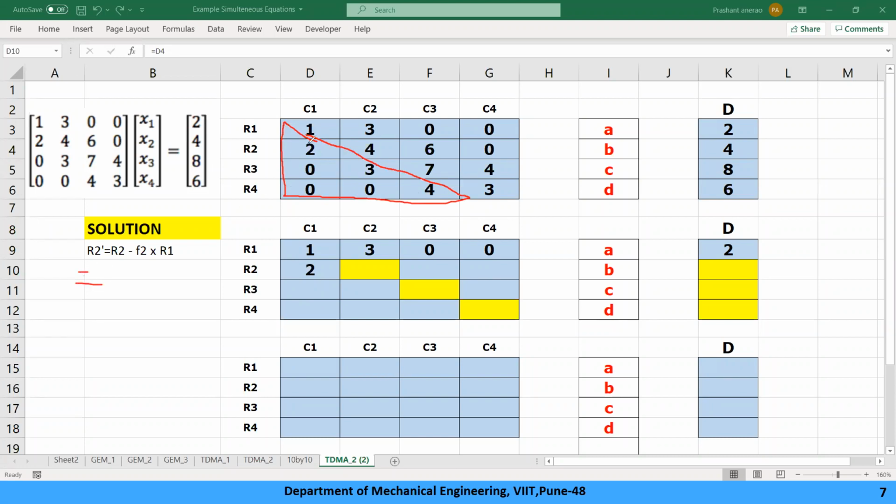So for row number 2, to convert it to upper triangular matrix, which is our target, किसको 0 बनाना है? देखो कौन सा एलिमेंट है, कौन सी वैल्यू है which is going to be 0.